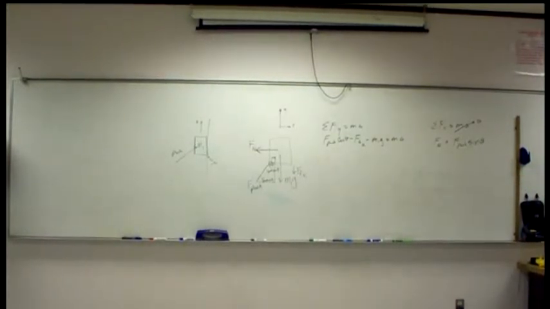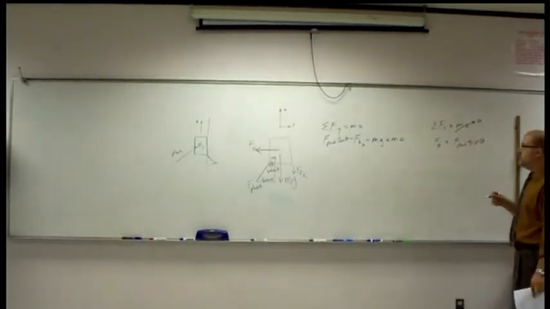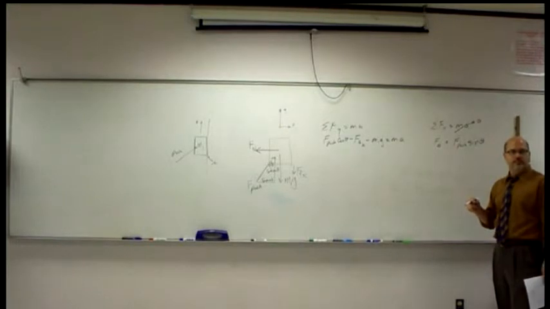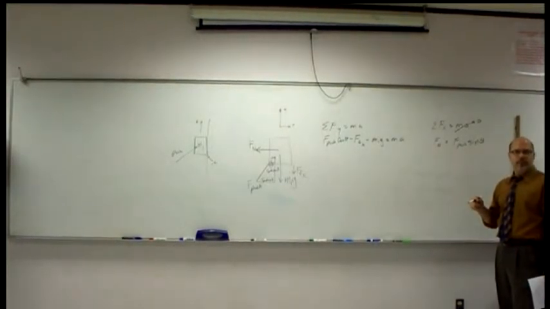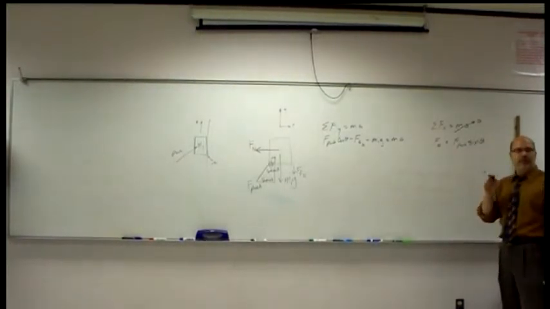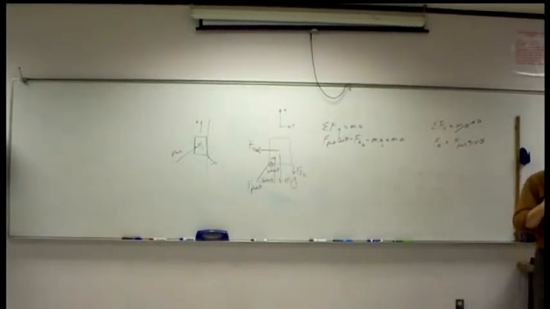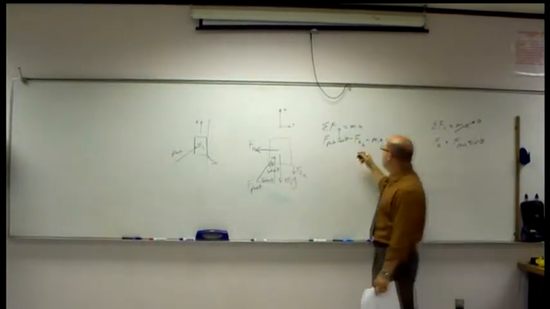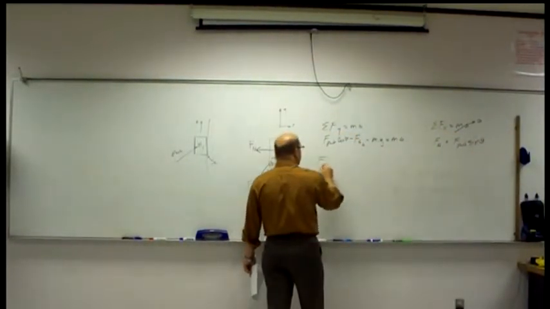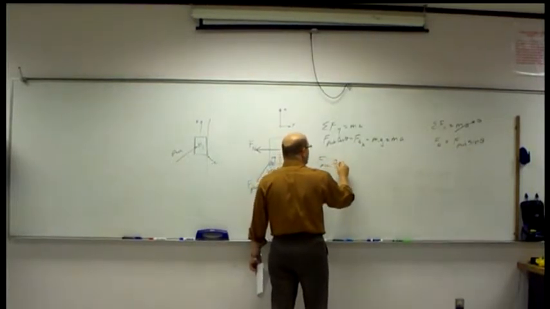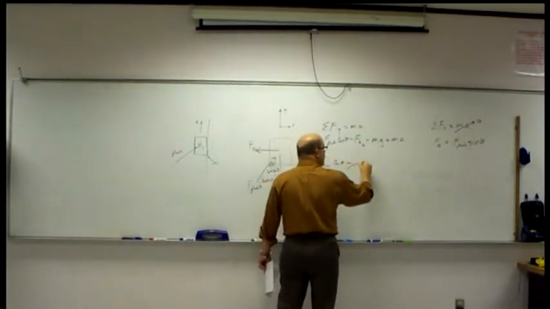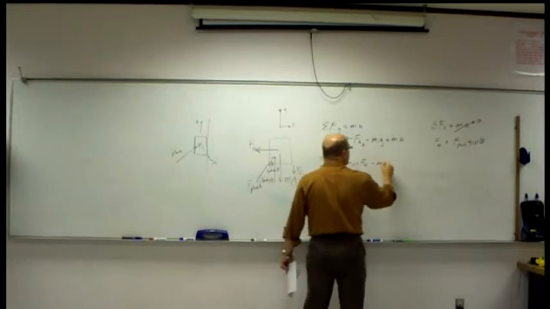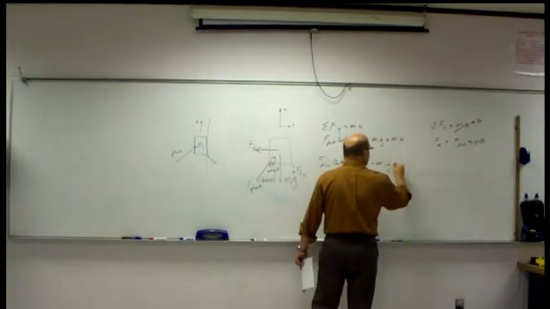Anybody see it? There's one more simplification step we can do. The friction, since it's kinetic, we can substitute in force normal, minus mu force normal, which is equal to F push.